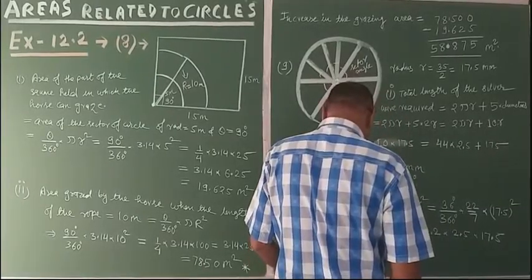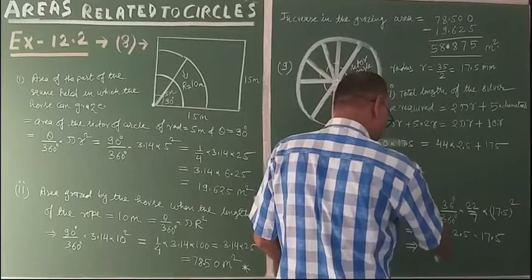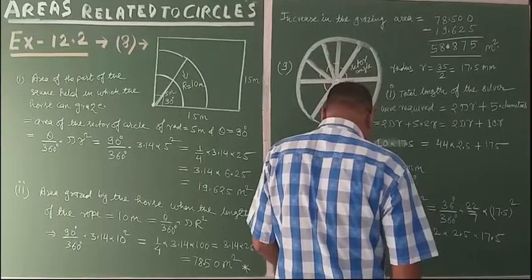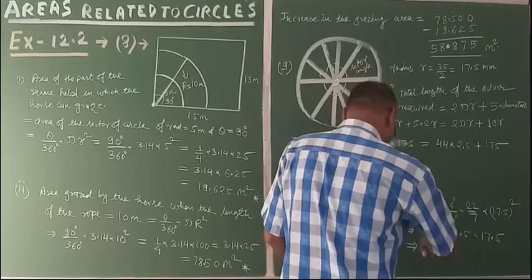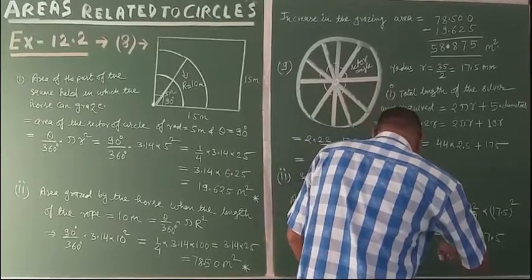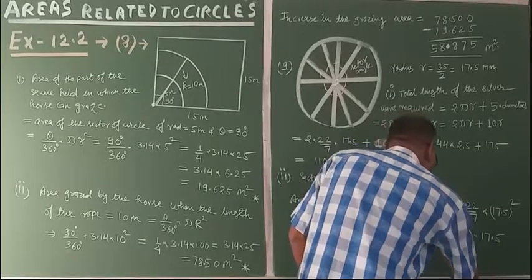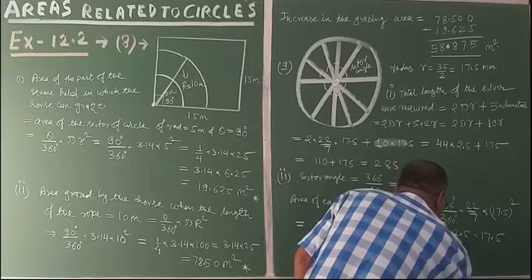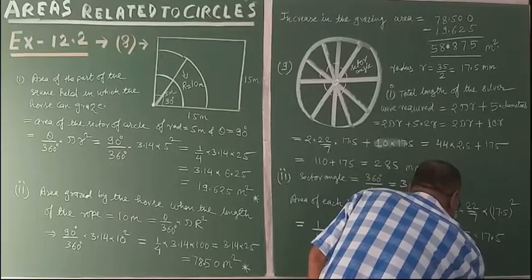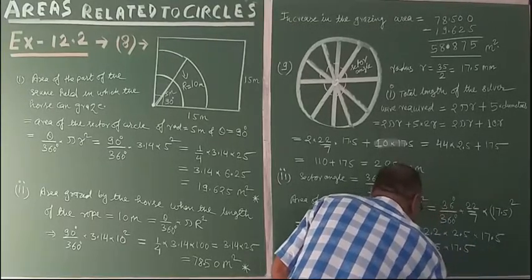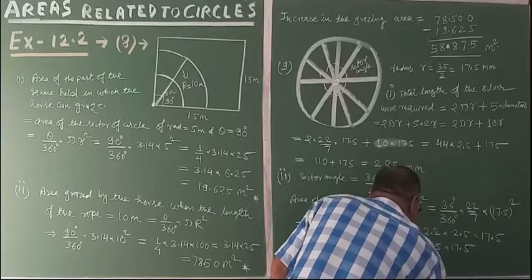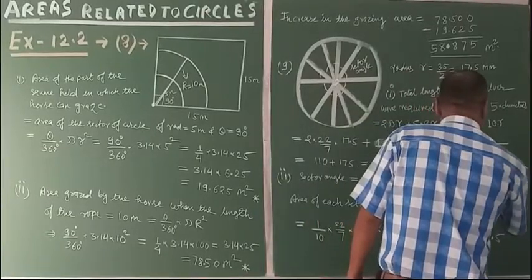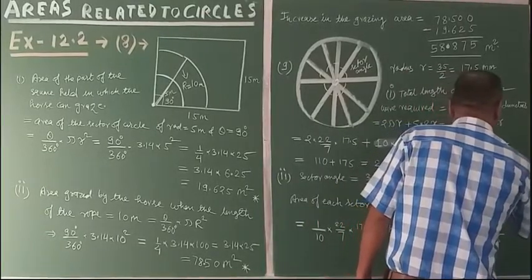This will become, when you will divide this, you will get 22 plus 55 into 17.5. 55 into 17.5. So just multiply them. 17.5 into 55.